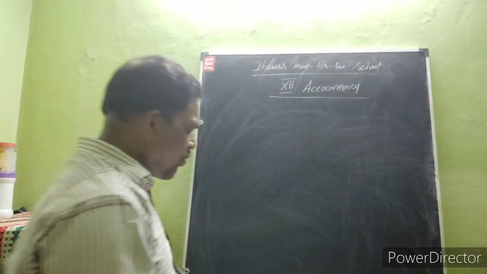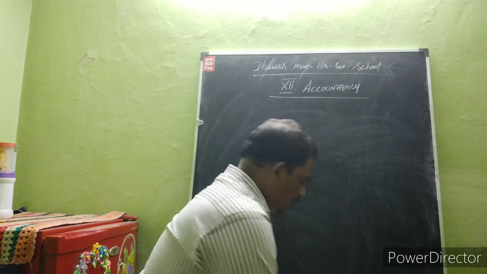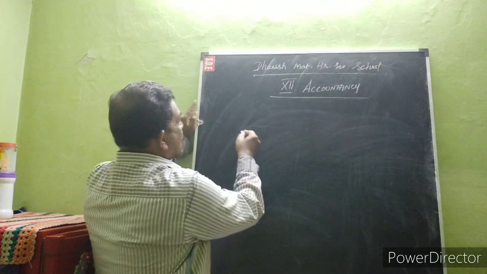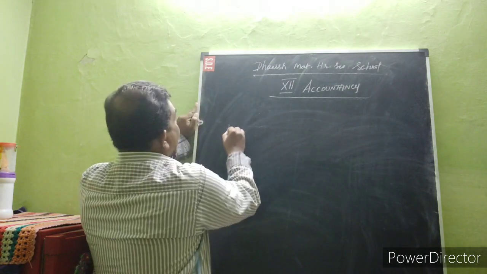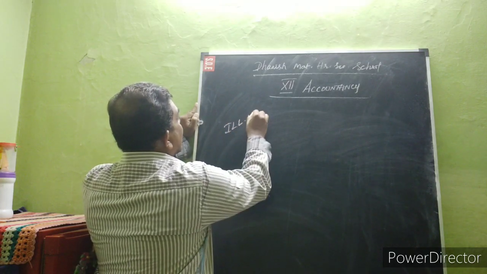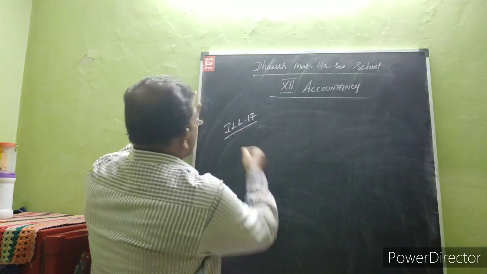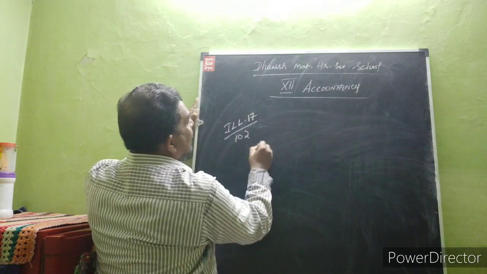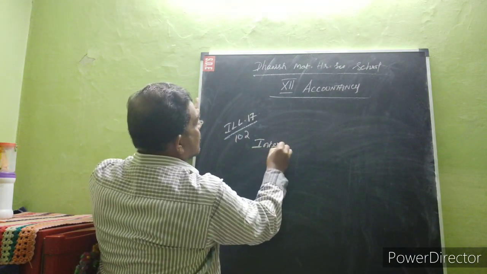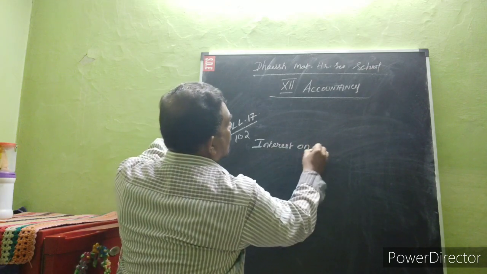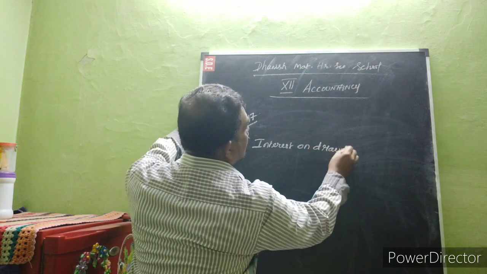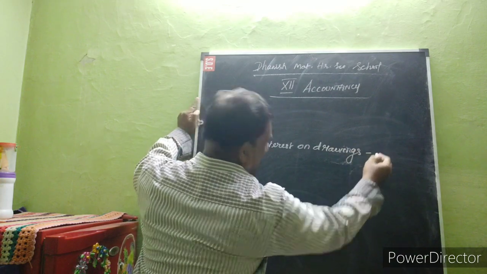End of each quarter. So what we have to do? Listen carefully. Now we have to calculate interest on drawings. Illustration 17, page number 102. Now we have to calculate interest on drawings. To whom?